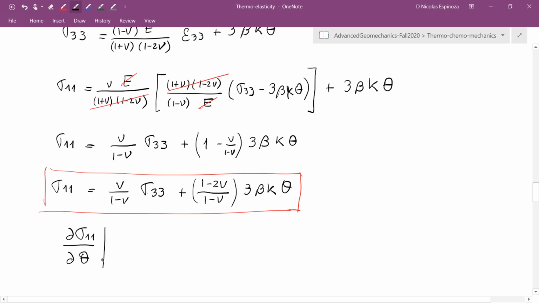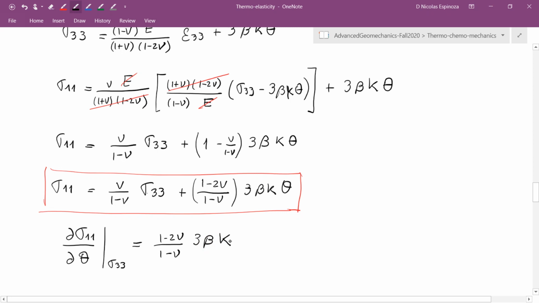And I'm going to assume that the temperature is not changing the effective vertical stress, and also the pressures that I use for injecting are not affecting the effective vertical stress. That will be true as long as those changes of pressure are small. And as a result, what I'm going to have is just a derivative of this with respect to theta, which is just going to be equal to 1 minus 2 Poisson ratio, over 1 minus Poisson ratio, times 3 beta k.